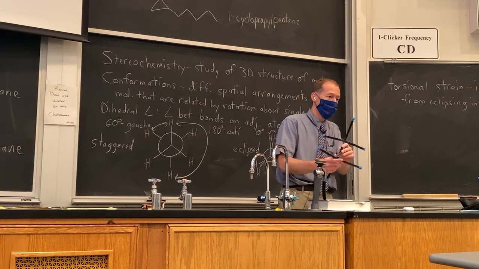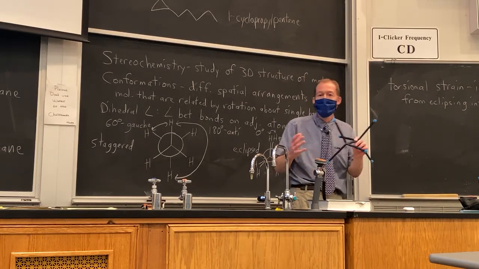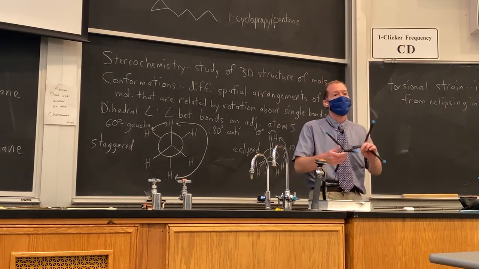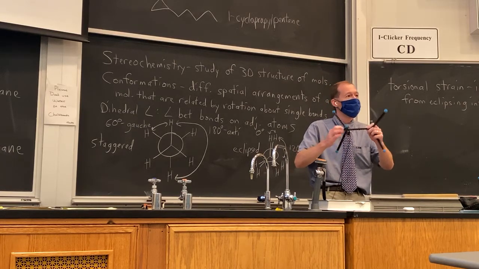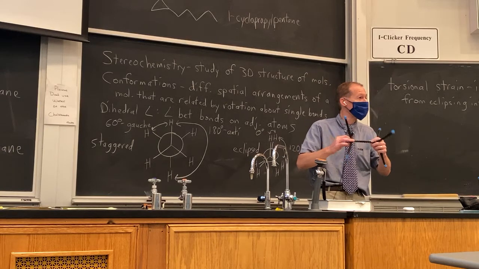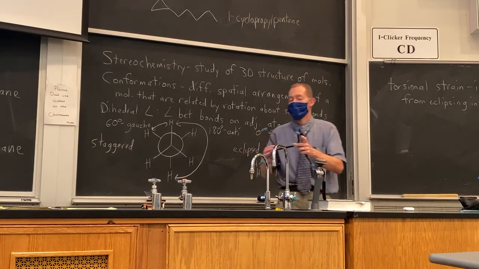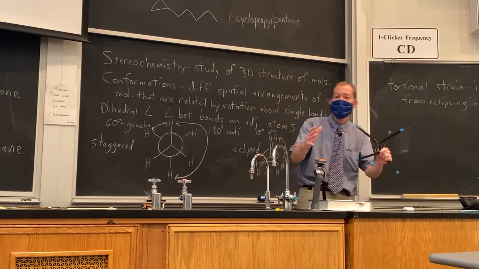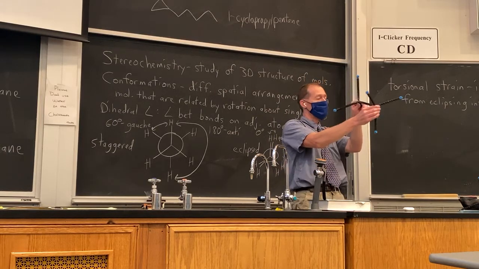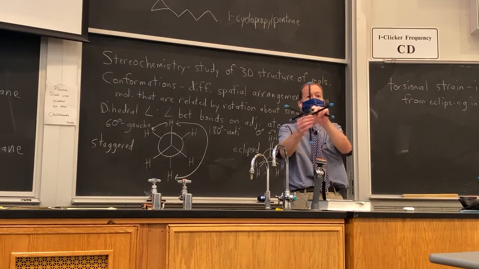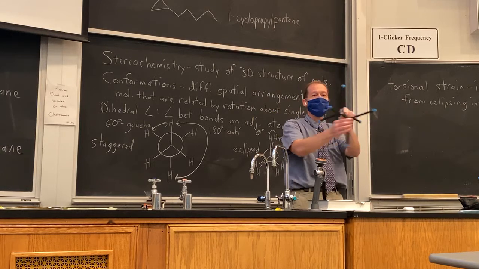Okay? So that may seem contradictory, but it's true. Rapid rotation, a single molecule of ethane will be able to sample all of the available conformations. But if we could freeze all of our ethane molecules at a given instant in time, we would find that most of them will be in the staggered conformation. Okay? Any questions?